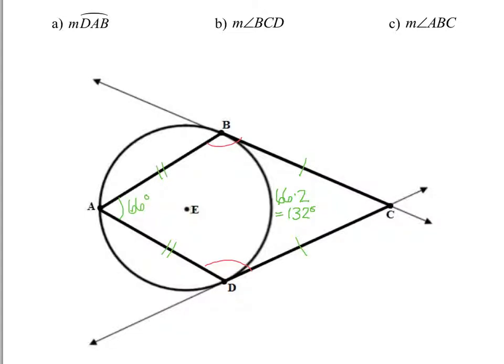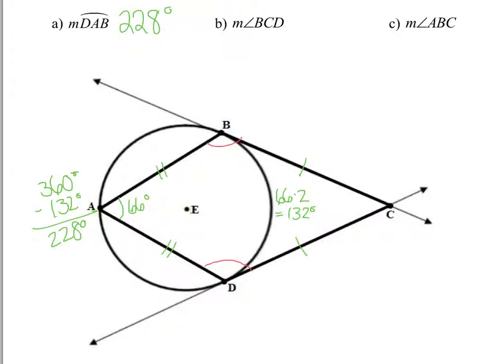So I know arc BD is going to be 132 degrees. That means arc DAB is going to be 360 degrees minus 132 degrees, which is 228 degrees. So that's how we get A.